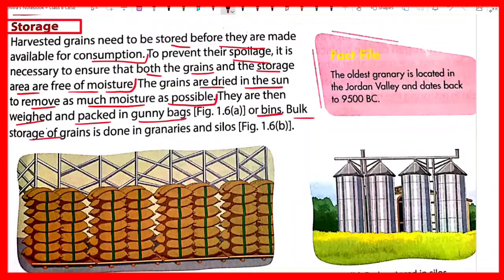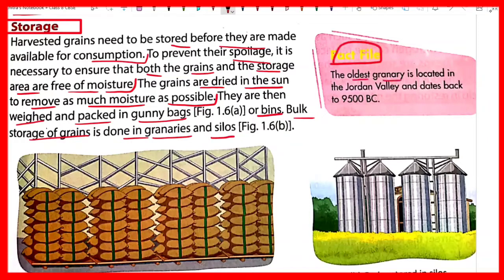The bulk storage of the grain is done in granaries. So granaries is the place where grains are stored. And silos. Just remember, very important, these names: granaries and silos are the places where grains are stored.